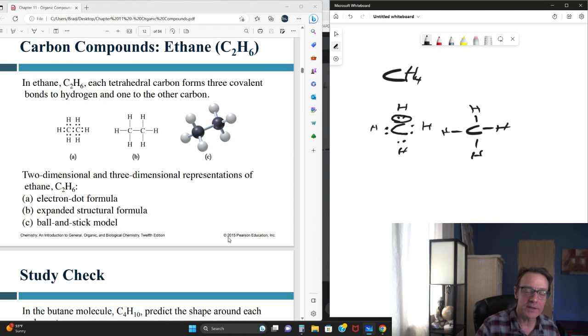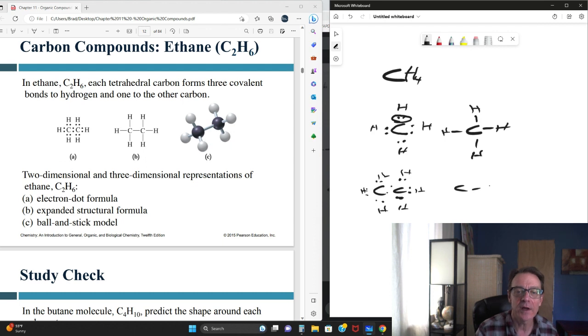Okay, so likewise, let's just do another molecule. We have ethane, with, I'm just going to put my dots right here, bonded to 3 hydrogens, and then in this case, it's bonded to another carbon. Boom, boom, boom. Ethane, much easier bonded.